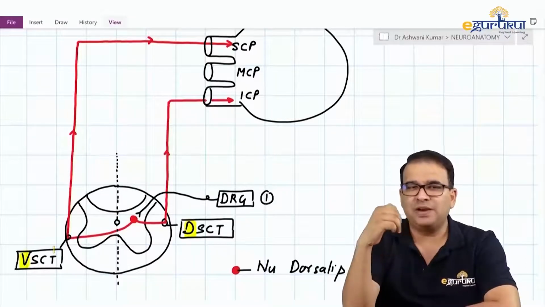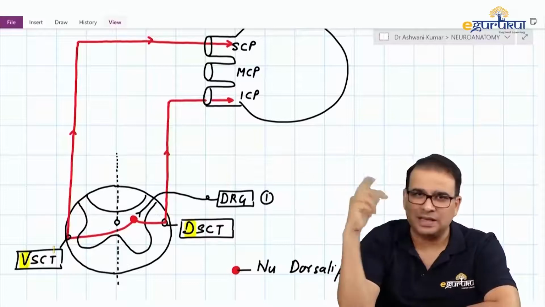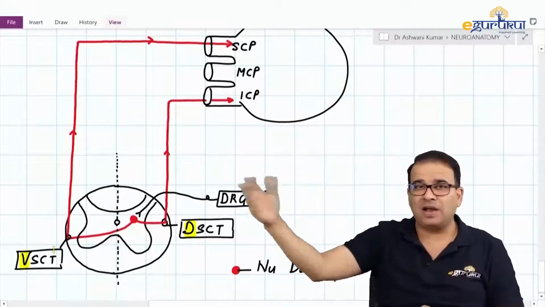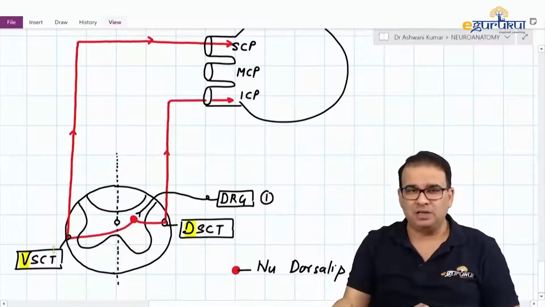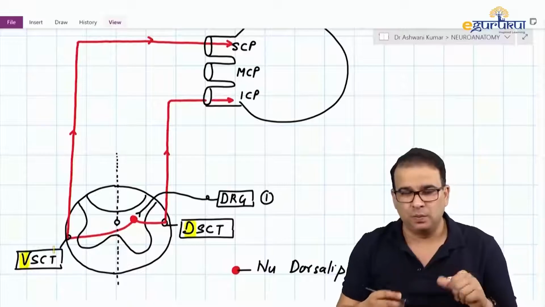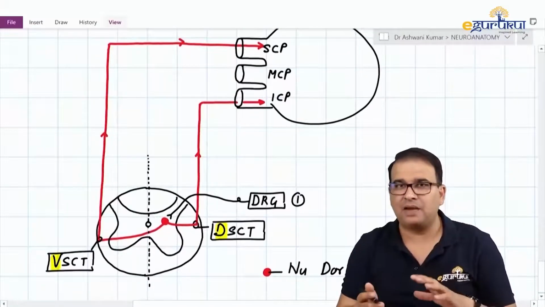Now the question is, if the ventral spinocerebellar tract has to come to the same side only, to let's say this cerebellar hemisphere, then why did it go to the other side? Why can't it come like the dorsal spinocerebellar tract? There has to be some purpose which this ventral spinocerebellar tract might be having.